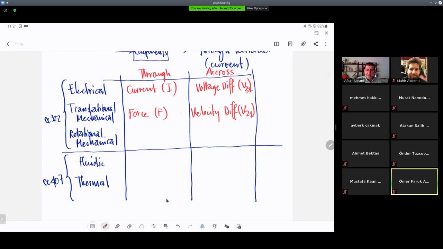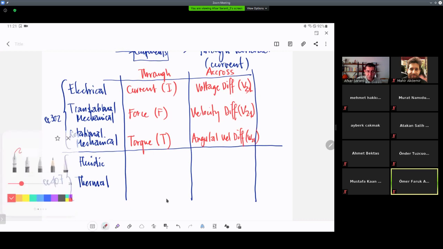In the rotational mechanical systems, we have torque rather than force, and we have angular velocity difference, this time omega 21, as the across variable.